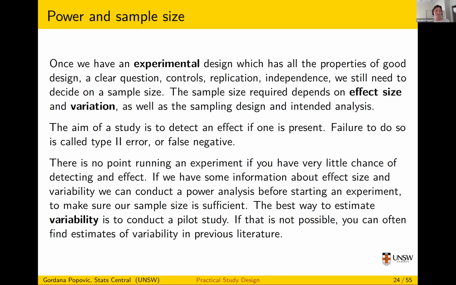The most common reason that you don't find an effect when there is one is that your sample size is too small. There's no point in running an experiment if you have very little chance of detecting an effect. A lot of the time for ethics or for grant applications, you will need to do a sample size.